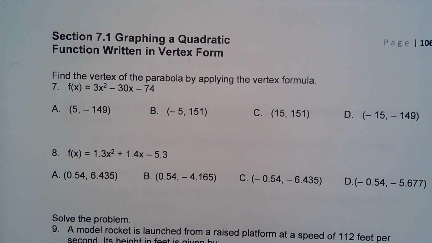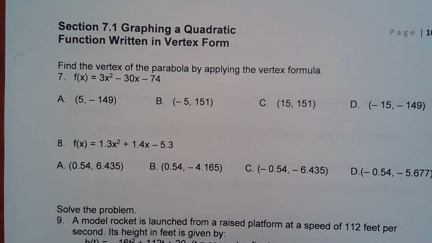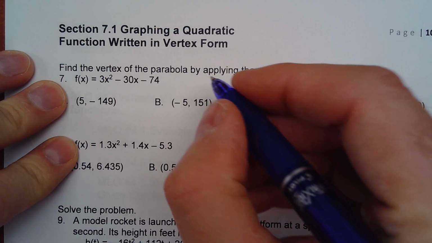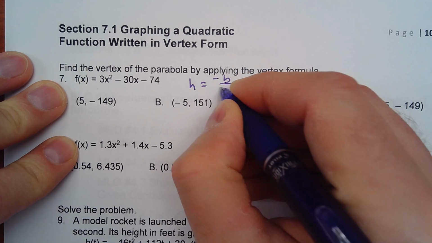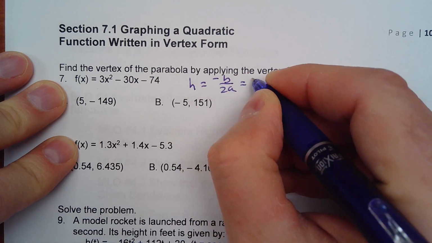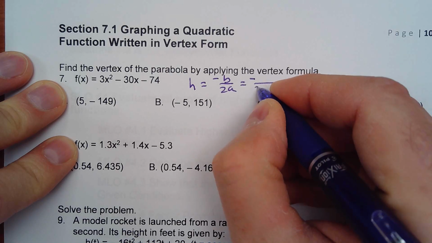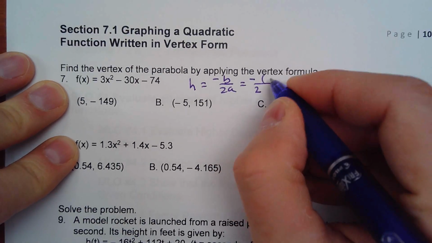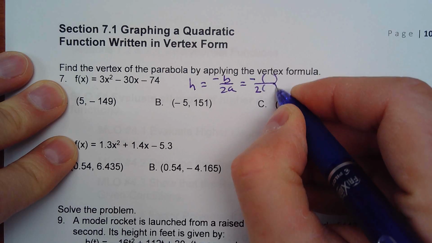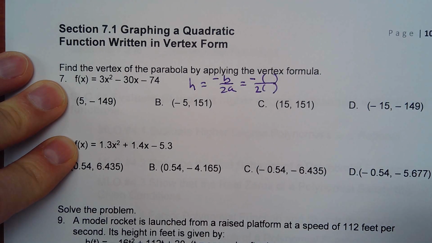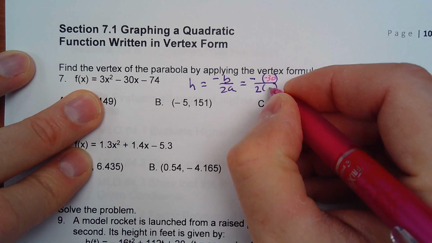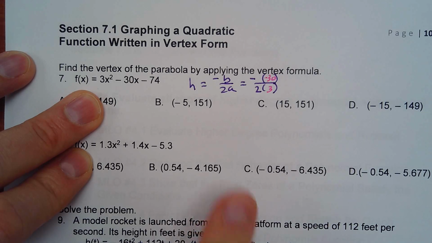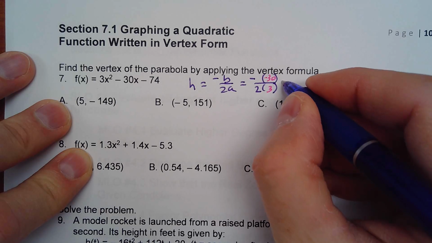All right, let's find the vertex of the problem by applying the vertex formula. So h equals the opposite of b over 2a. So b is negative 30. A is 3. So that's 30 over 6. That's going to be 5.